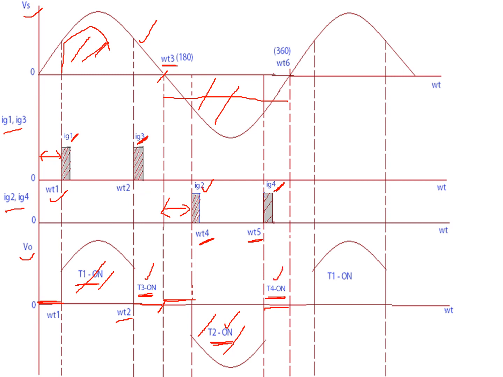At omega t is equal to omega t6, that is the ending of the negative half cycle, input becomes 0 and output also becomes 0, and the same procedure repeats for the remaining positive and negative half cycles. These are the waveforms of AC chopper by using the above analysis, and we get a variable output voltage from a fixed AC voltage by using AC choppers.